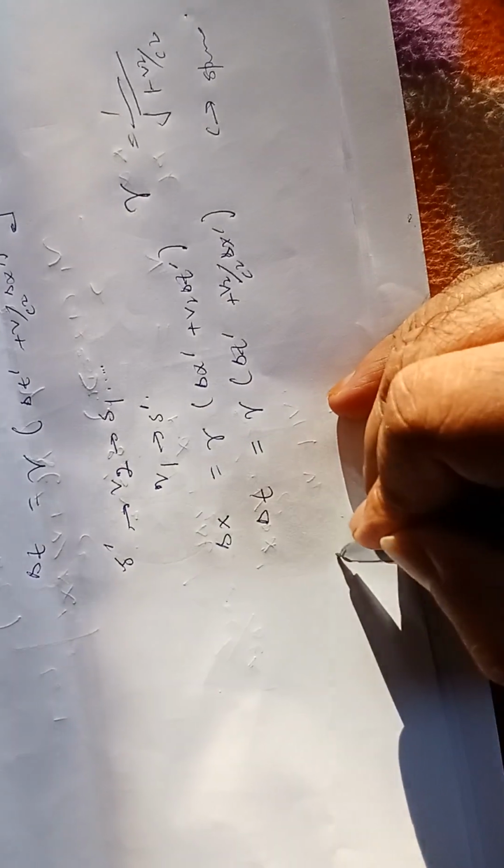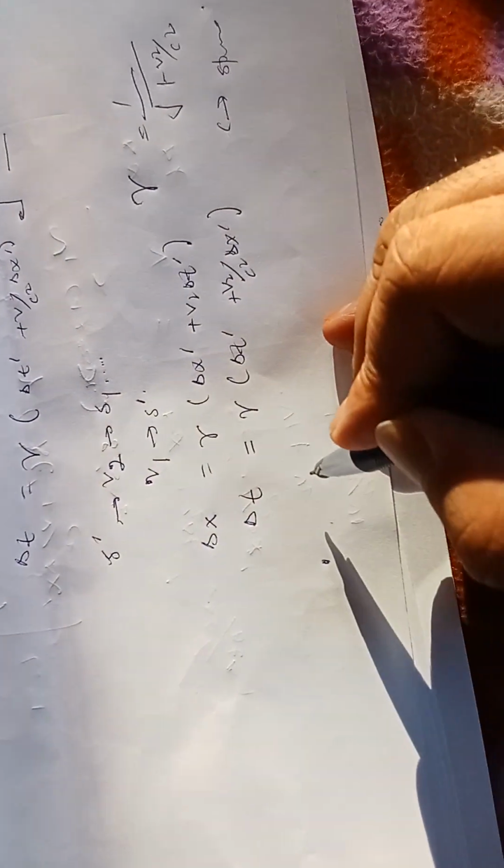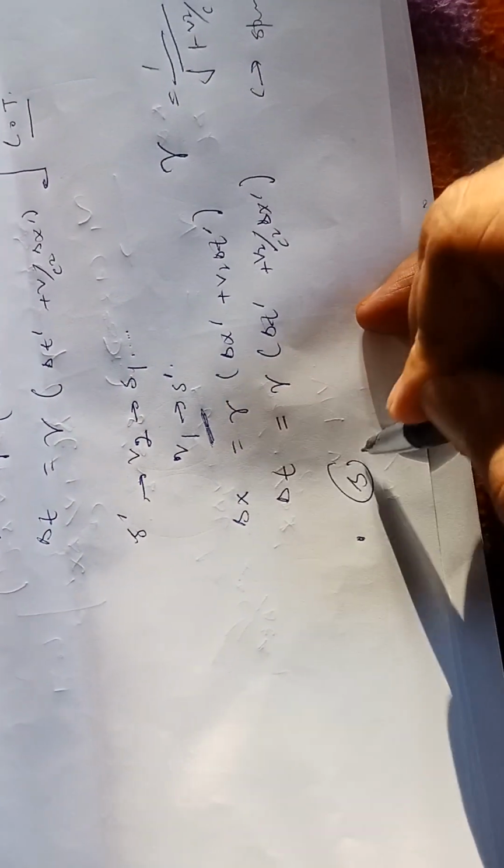Now, the velocity of the same object, as measured by the frame S prime, is v1. Its velocity as observed by the frame S, I can say, is supposed to be v.